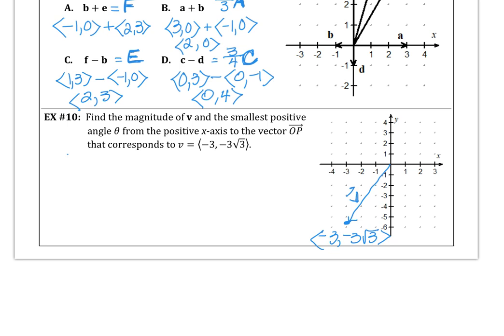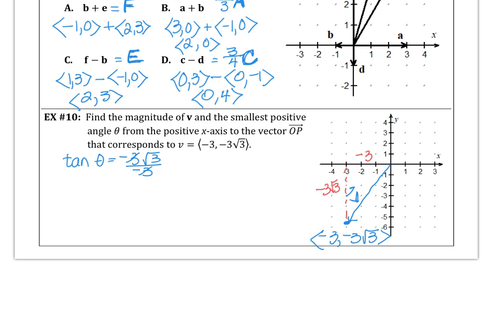So we know the tangent of theta is opposite over adjacent. Let's sketch that in here. This is the opposite length, -3 radical 3, and adjacent is -3. So we have -3 radical 3 divided by -3.